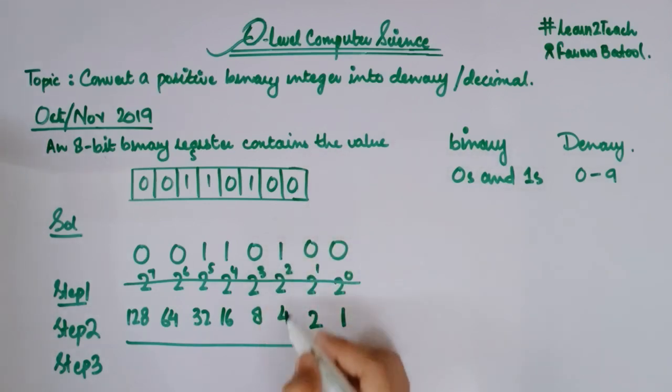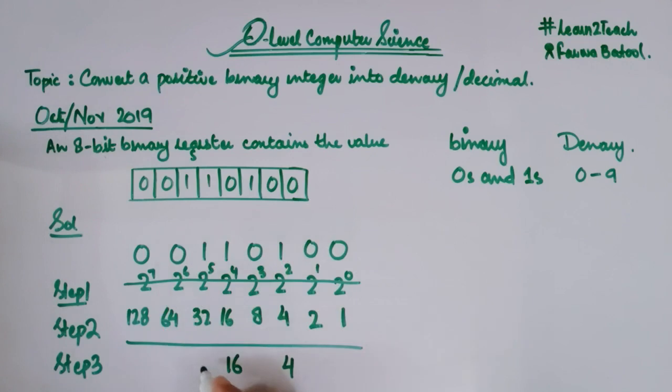Now here I have 4 for this, 16 and 32 for this one. This was the important step, and the last step is simply to add these values up. So 32 plus 16 would be 48, and 48 plus 4 would be 52.